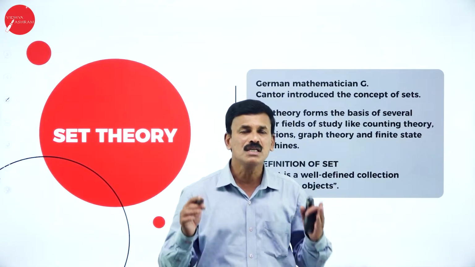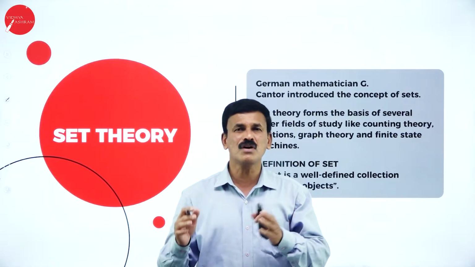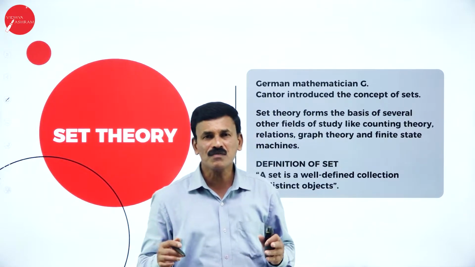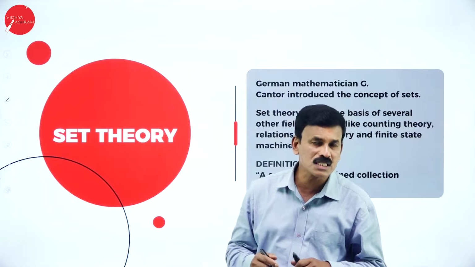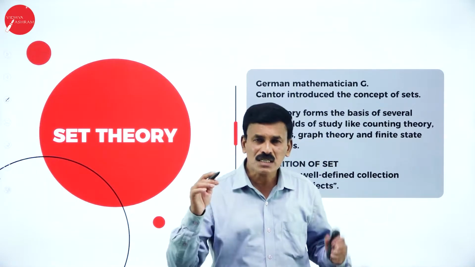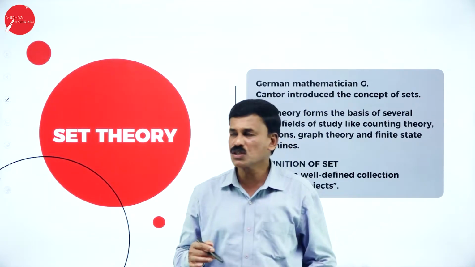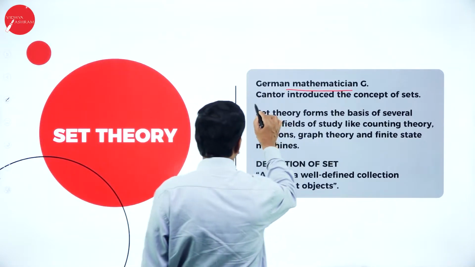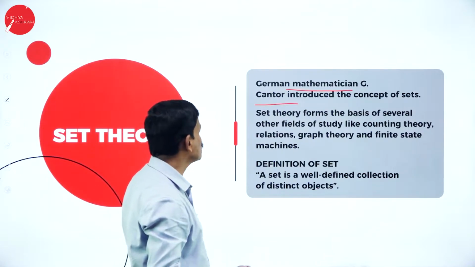For example, set of all natural numbers less than 10, set of all even numbers less than 10, right? Or set of all capital cities in India. Okay. So like that, different collections can be put in the form of a set. Here the German mathematician Mr. G. Cantor introduced the concept of these sets.